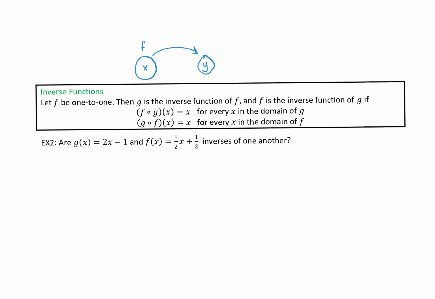Well, its inverse, which I'm going to call g, will take that y value. So if g is an inverse of f, it's going to take that y value and bring it right back. So that x value that we initially put in remains unchanged. They undo each other.